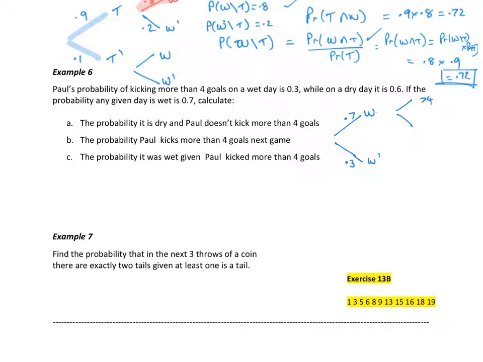If it's wet, I kick more than 4 goals 0.3, which means I kick less than 4 goals 0.7. I kick more than 4 goals on a dry day 0.6, or on a not wet day.